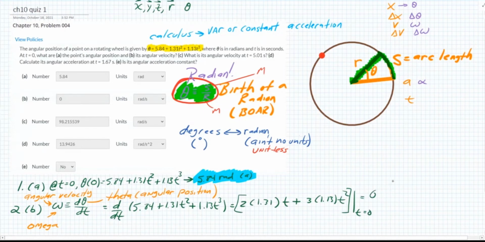Sorry, that's embarrassing. 0 radians per second. All right, great loss of face. But this is the answer to part B.